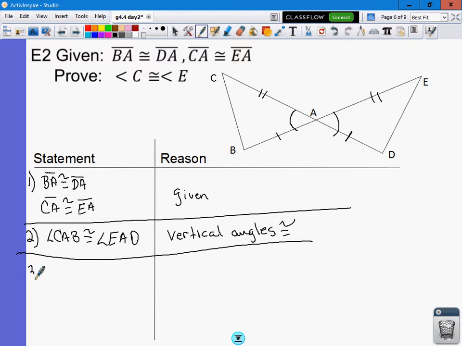Are my triangles congruent now? By what reason? Side, angle, side. And again, the order of this first triangle does not matter. I'm going to go CAB. And if I go CAB, then on the other triangle I have to go EAD.